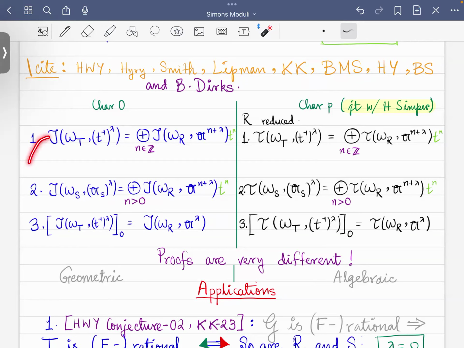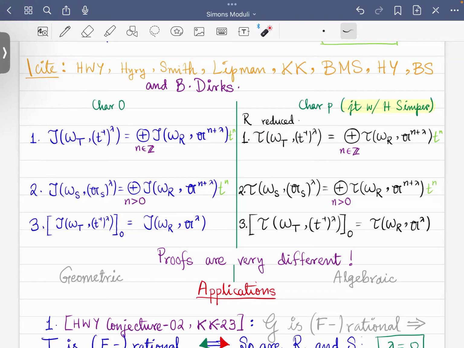And the cool thing is the degree 0 piece is computing the multiplier module downstairs. In positive characteristic, if I assume R is reduced, because I need the existence of a strong test element, then an exactly similar decomposition works. But the proofs are, as I said, very different.